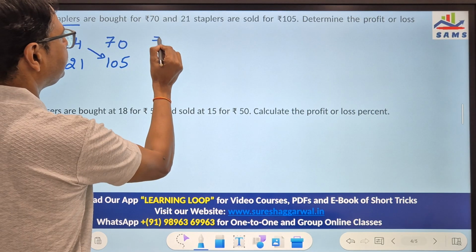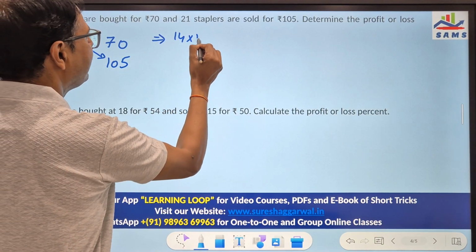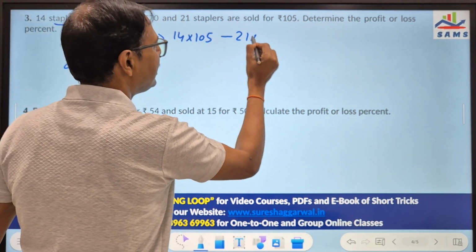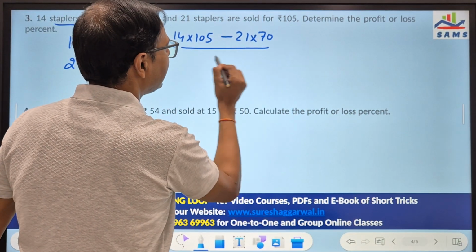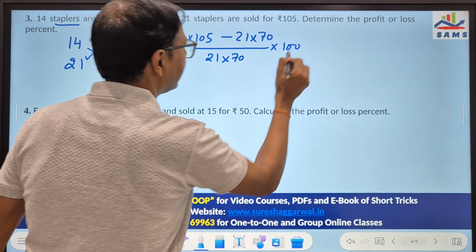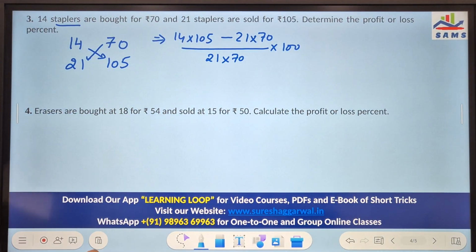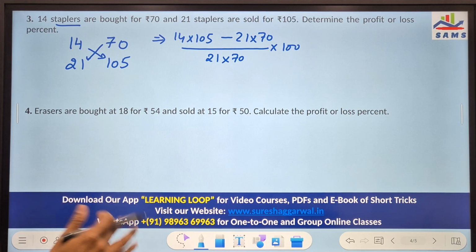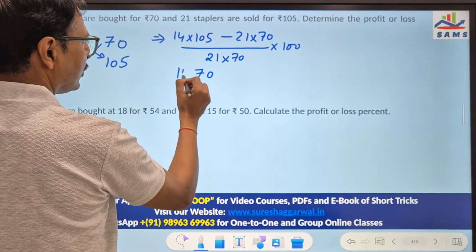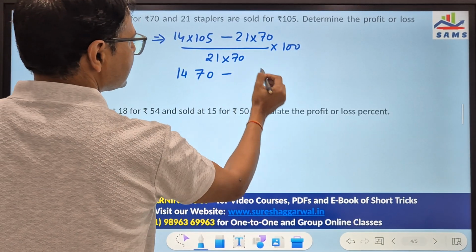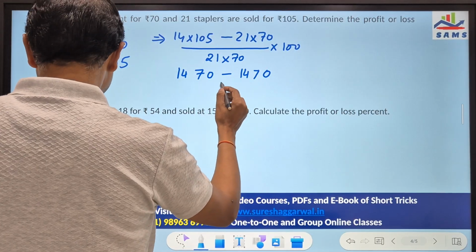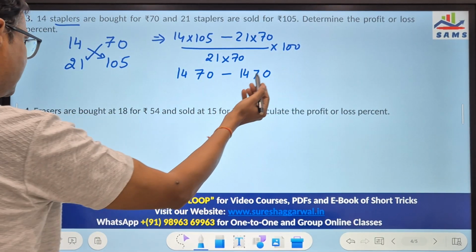So you will get 14 times 105 minus, go across like this, 21 times 70, divide the result by 21 times 70 and multiply it by 100. Now we need to check whether this is profit percent or loss percent. So 14 5s are 70, and then 14 1s are 14, so 1470, minus 7 1s are 7, 7 3s are 21, so 1470.